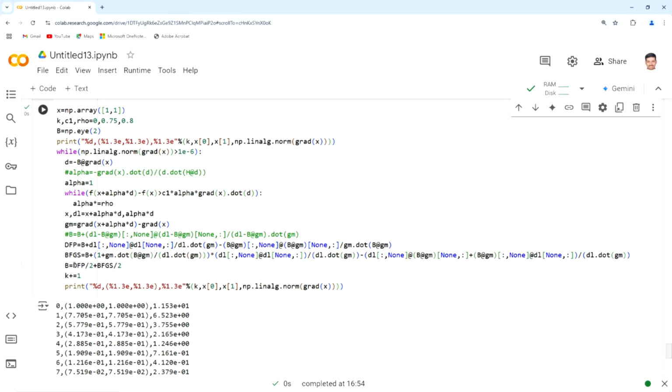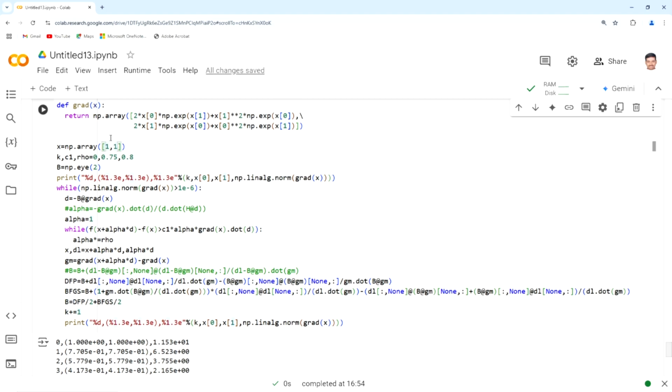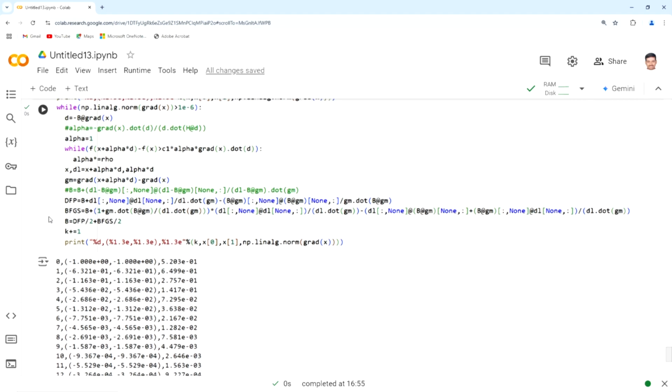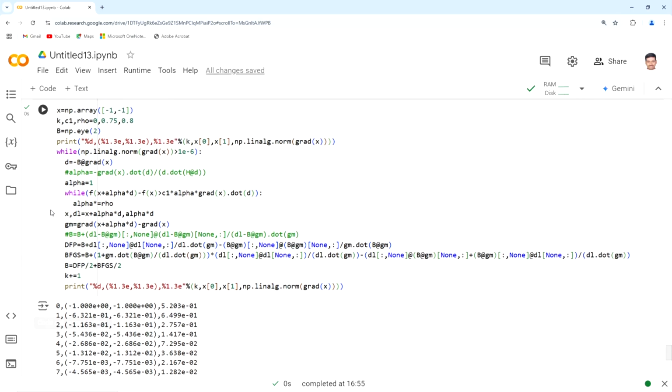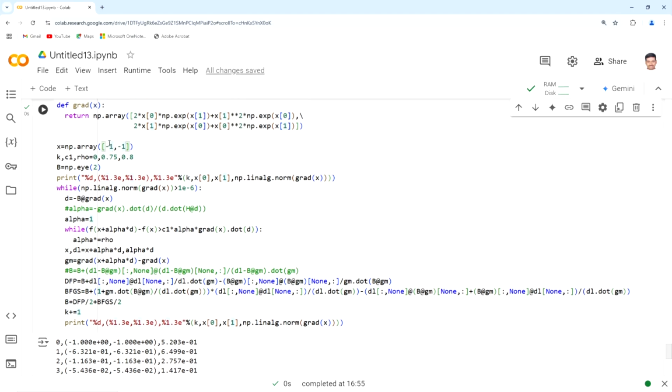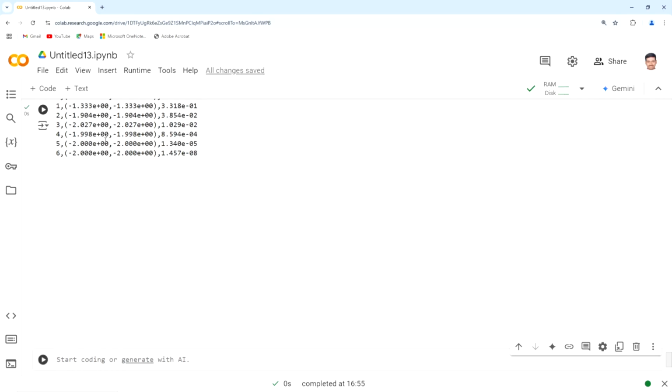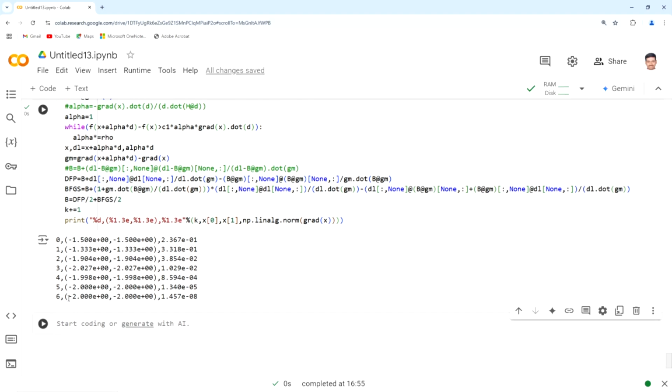Suppose you put say 0.2, or rather if you want me to do this for minus 1 minus 1, minus 1 gives us the same problem, and maybe I will do it with minus 1.5 and minus 1.5. You can see that you have an error.